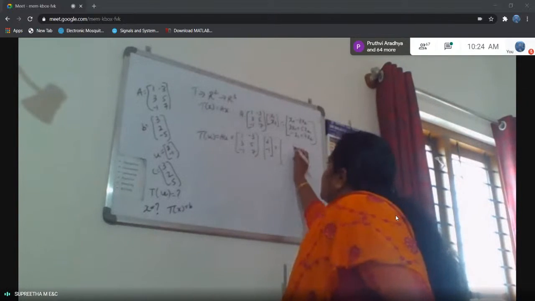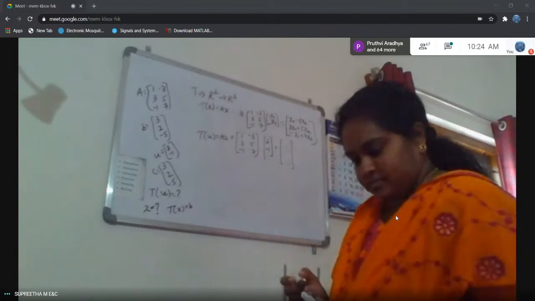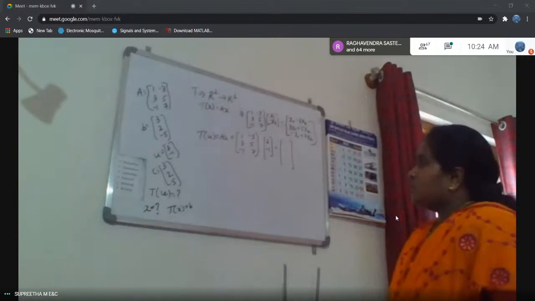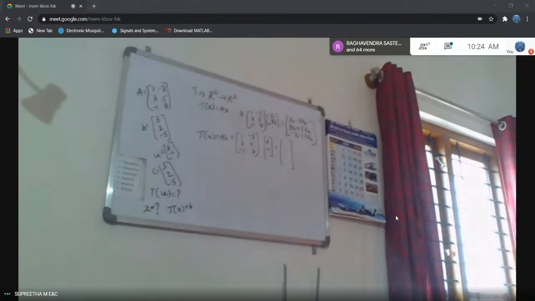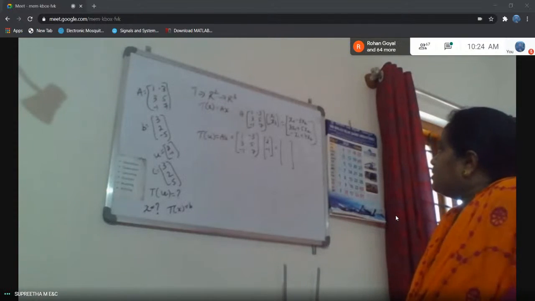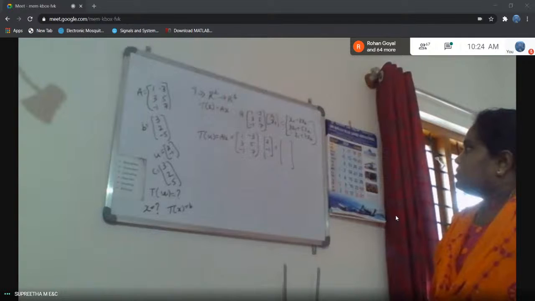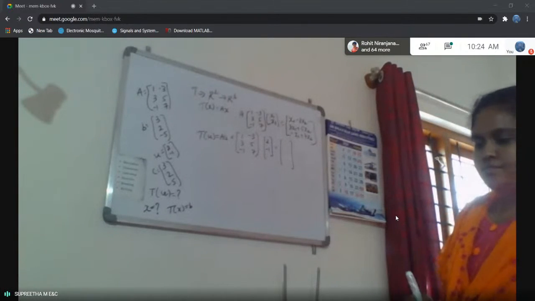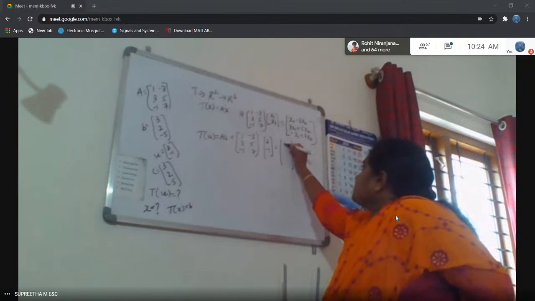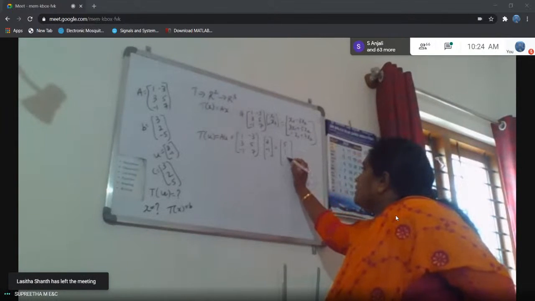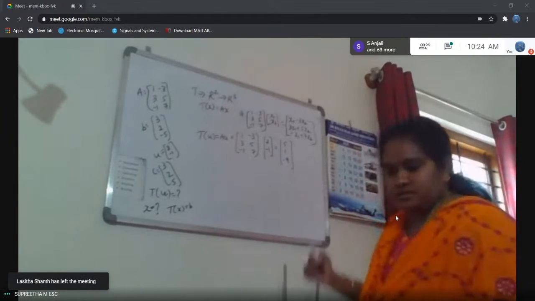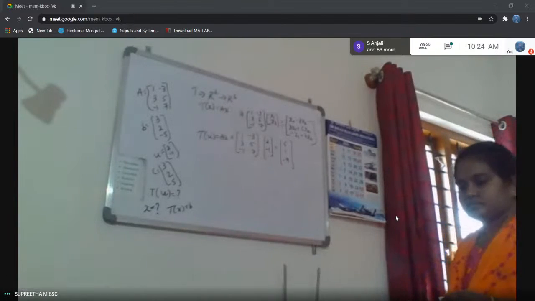So what will be the resultant matrix? Quickly multiply and tell me. 5, 1 and minus 9. Correct?